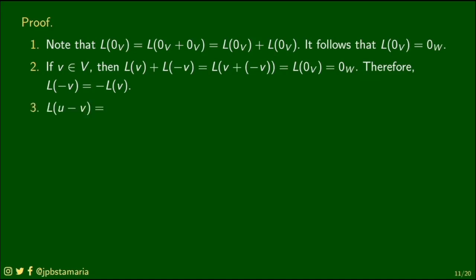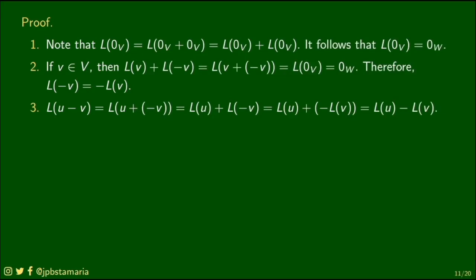Next, take note that the difference U minus V can just be written as the addition U plus the additive inverse of V. Because L is a linear transformation, you can rewrite that as L of U plus L of minus V. But L of minus V by number 2 is equal to the negative of L of V. Adding these two vectors together, that is the definition of L of U minus L of V. Finally, L preserves linear dependence.